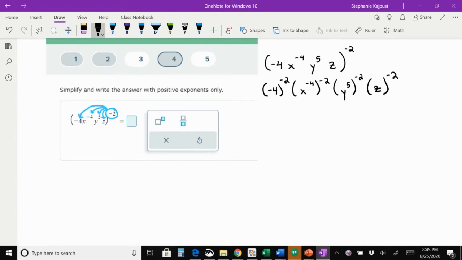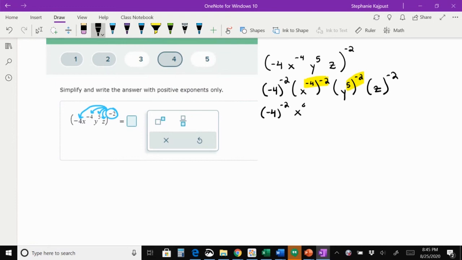So now you're going to simplify, and this is where you multiply your exponents, because if you have an exponent on another exponent, they get multiplied. So I'm going to just start with my -4 to the -2 and just keep that the same for now. On the x, I'm going to have a -4 times the -2, which is an 8.